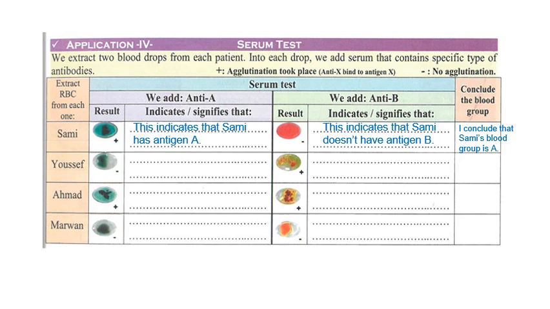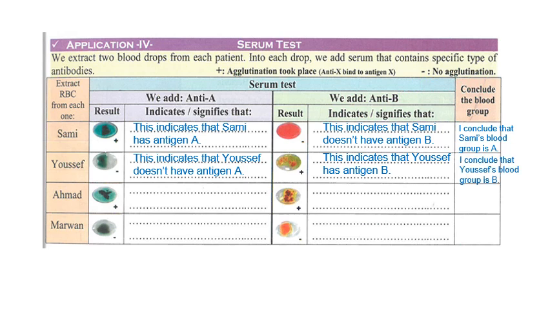Yusuf. Extract red blood cell from Yusuf, add to it anti-A. The result is negative. Yusuf doesn't have antigen A. Plus with anti-B, sorry. So Yusuf has antigen B. I conclude that Yusuf's blood group is B. Look at Ahmad. When you extract red blood cell from Ahmad, add to it antibody A, the result is positive.